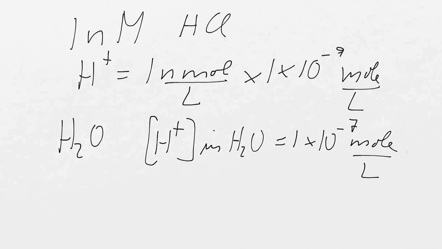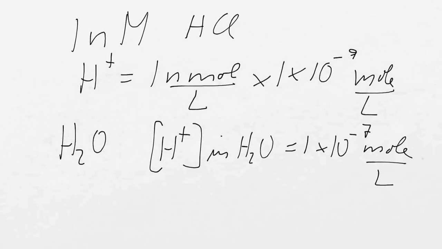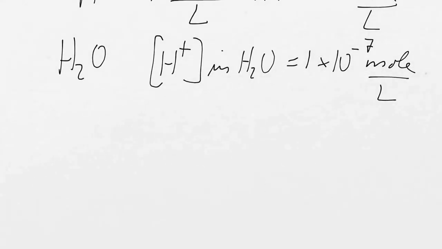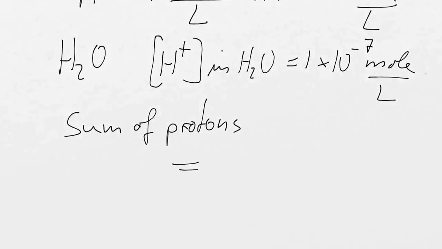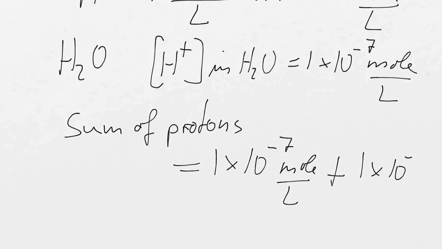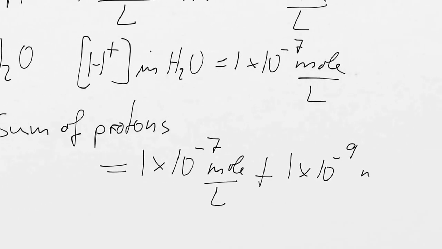So we add 1 times 10 to the minus 9 mole per liter from the acid to 1 times 10 to the minus 7 mole per liter protons from the water. So what is our total proton concentration? The sum of the protons equals 1 times 10 to the minus 7 mole per liter plus 1 times 10 to the minus 9 mole per liter.